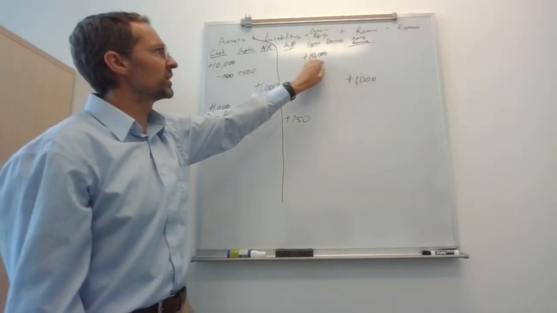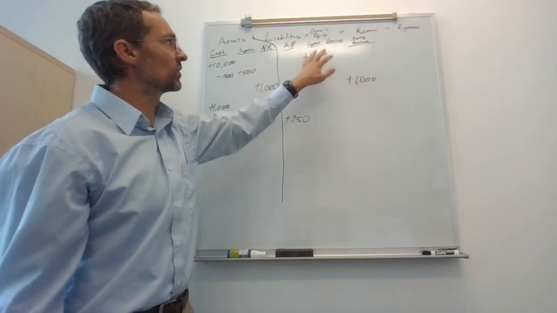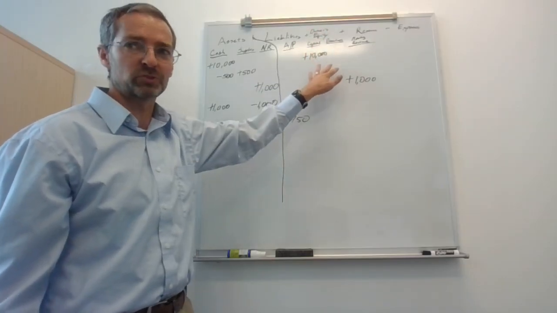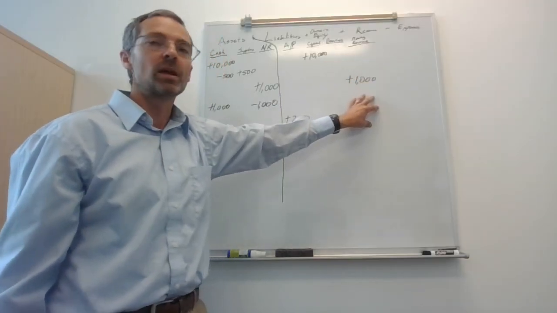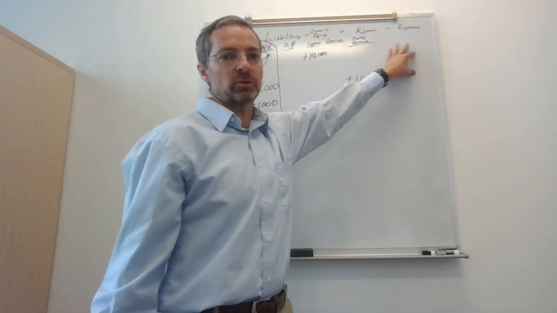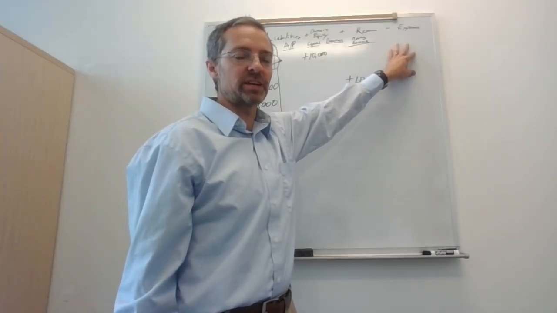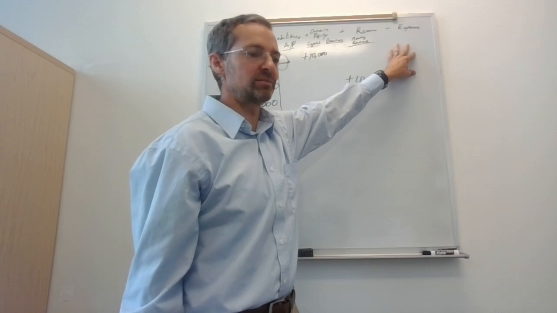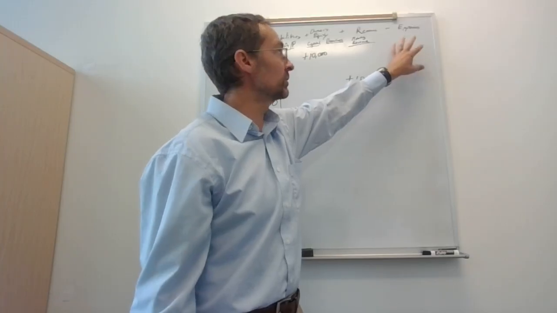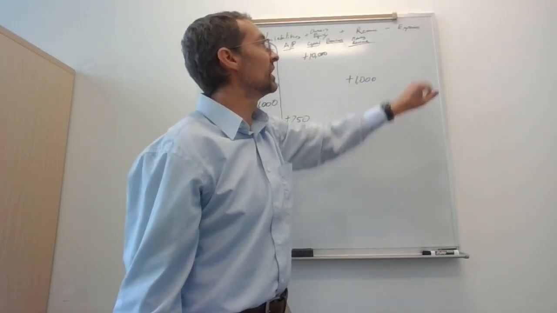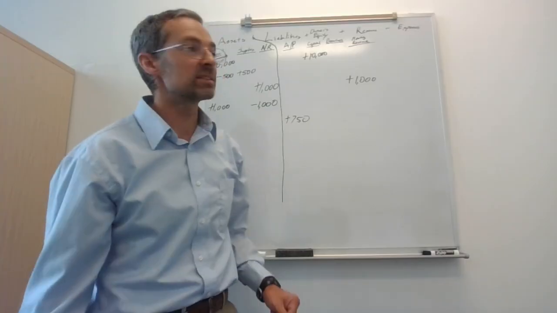The owner didn't put anything in or take anything out, so the capital and drawings accounts don't apply. We didn't earn anything. We used up a resource. We used up advertising time on the radio or on the TV, whatever it is. We used up some advertising time, and so it ends up as an expense.